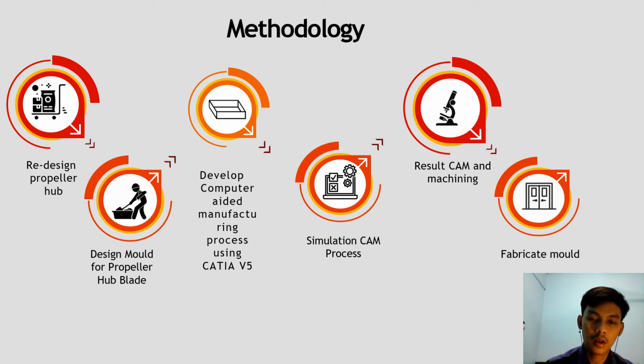After completing the feed rate, choosing the cutting tool, tool path, and others, we get the result and CAM machining. And lastly, after all the processes are finished, we can fabricate the mold by using the CNC machine.